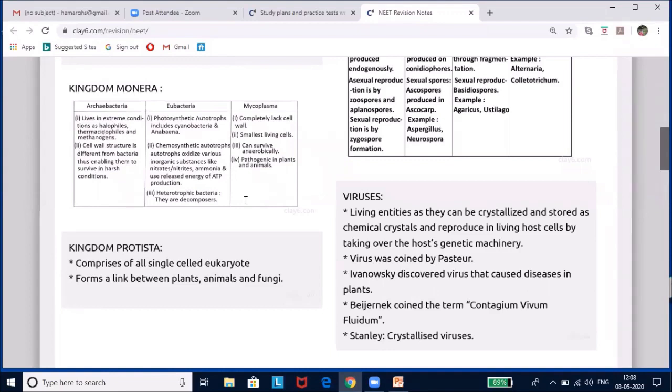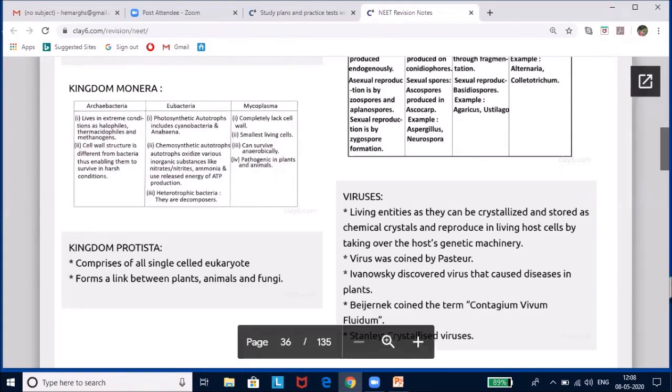Hans Gram came up with a staining technique. The bacteria that retained the purple color after staining were called gram-positive bacteria, and bacteria that lacked the purple coloration after staining were called gram-negative bacteria.